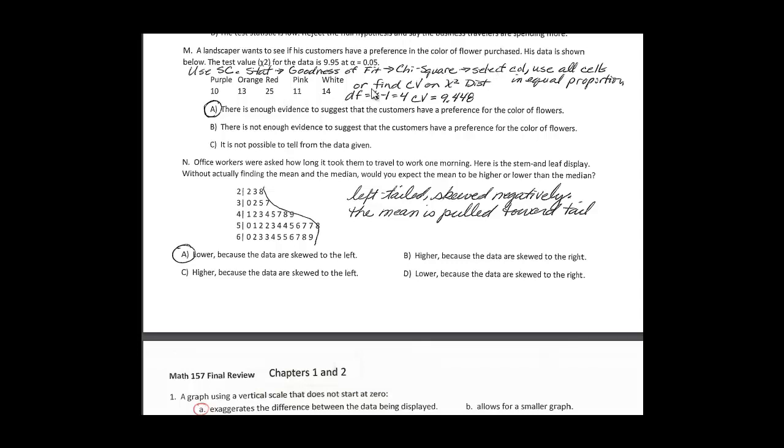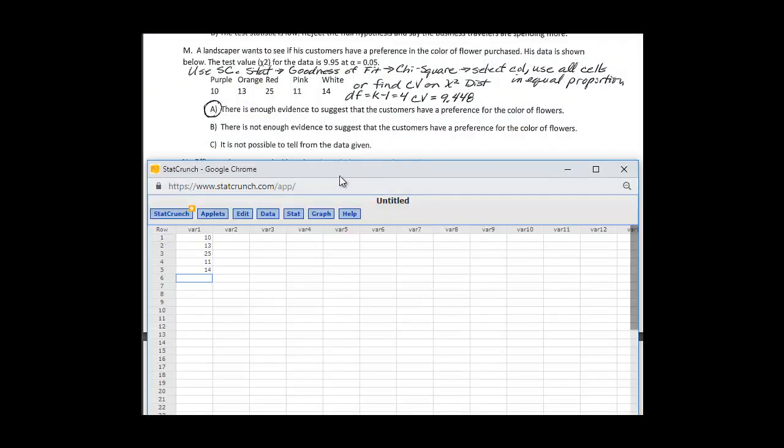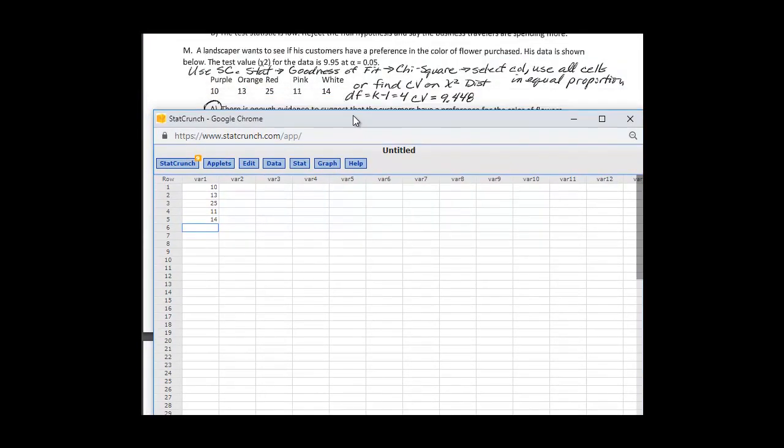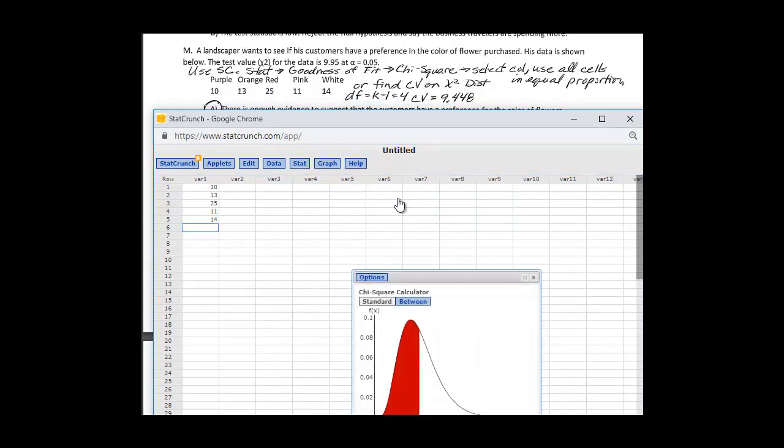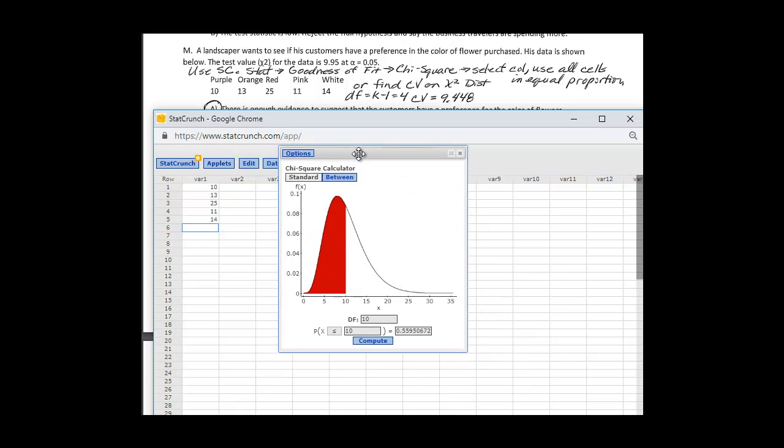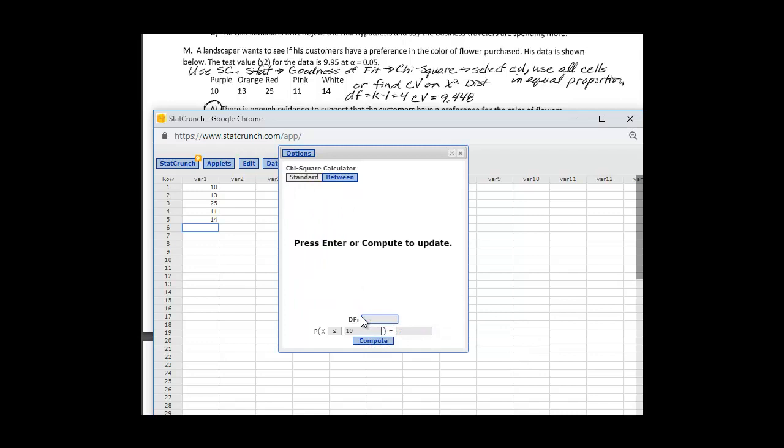Another way that you could find that critical value, again, I'm afraid I'm going to confuse you, is to go into StatCrunch, go to Stats, Calculators, and the chi-square calculator. I've got a degree of freedom of 4, and I don't know what the test statistic would be, but I want to evaluate this at alpha 0.05.